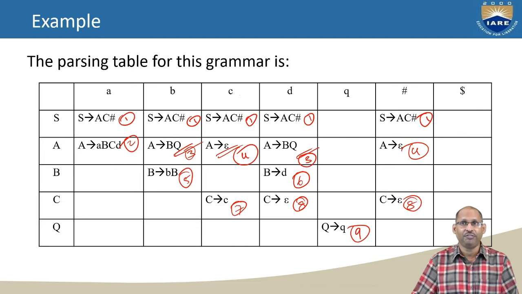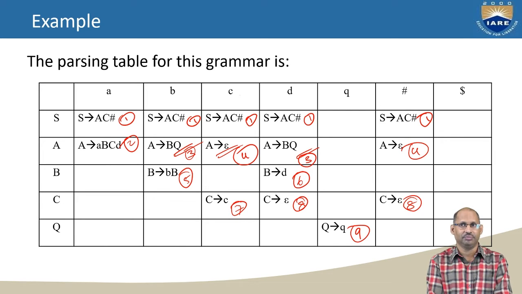So first of all, we are considering only the first of the variable. In those particular first terminals, we write the predictions. But if it is epsilon, then we have to consider follow of the variable, and in those particular terminal columns we write the predictions.